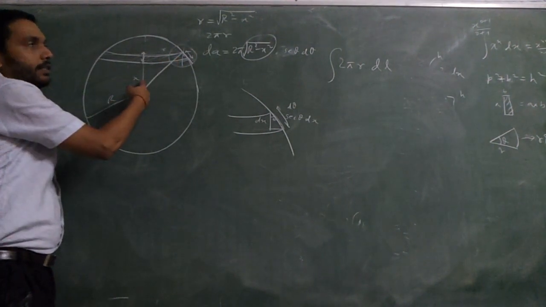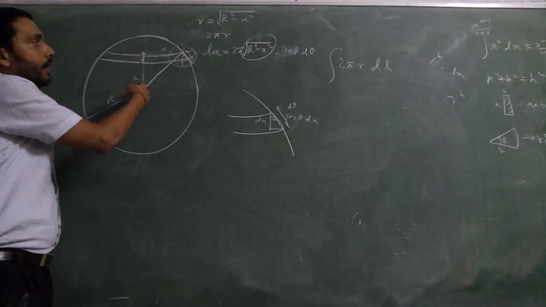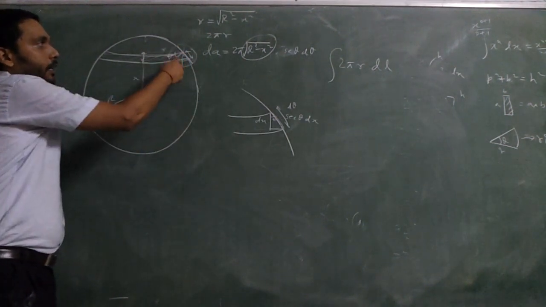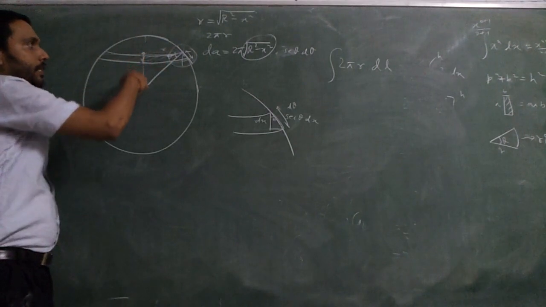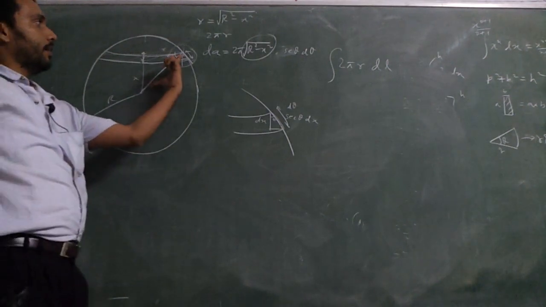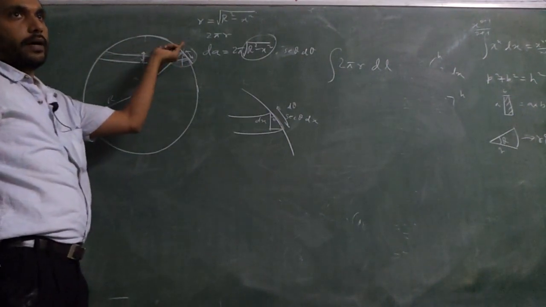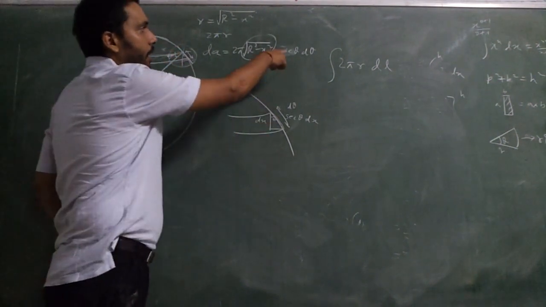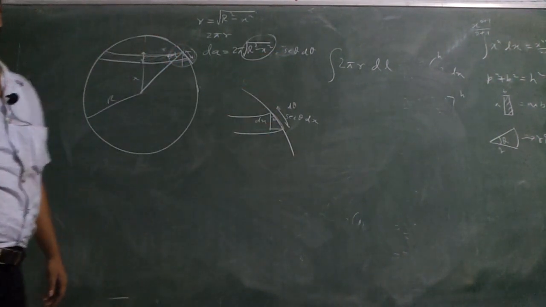Hence this angle is your theta. Theta, 90 minus theta, theta. So from this big triangle, the secant theta value is big R divided by small r.